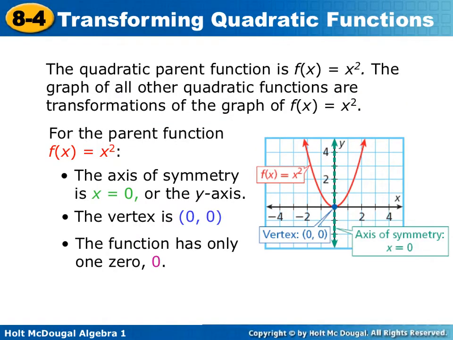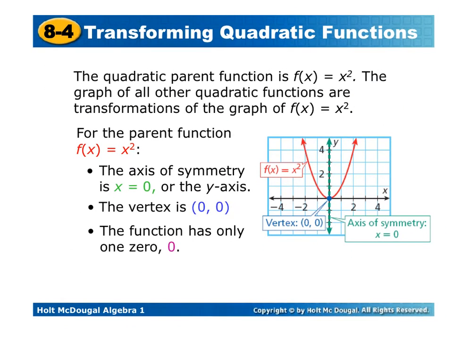Now we transform our parabolas. Now, when we're comparing, we're always going to compare to the parent function, which is f of x equals x squared. Again, remember, f of x is a fancy way of saying y equals. And again, so we can tell which one's different, because when you're taking the test or the quiz, it's going to be in black and white.